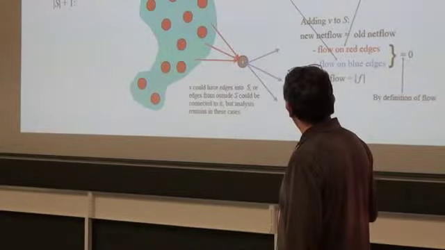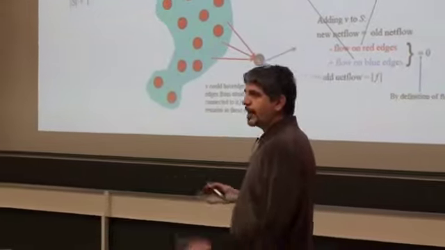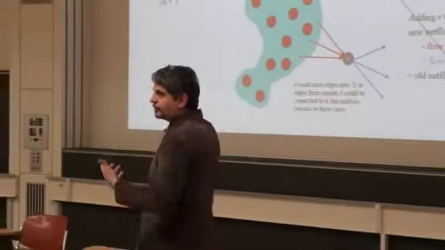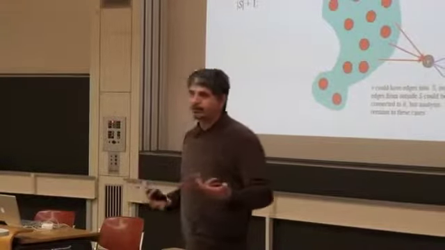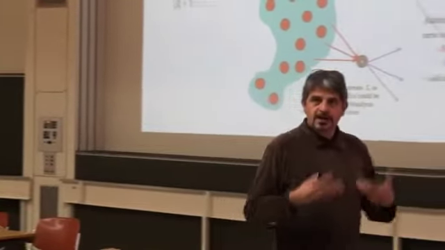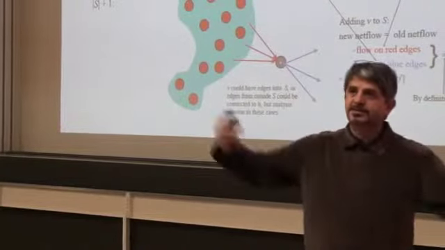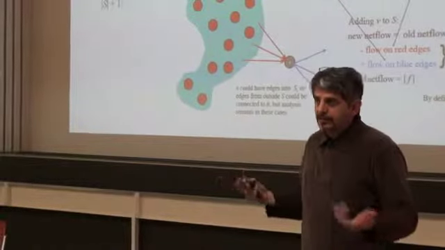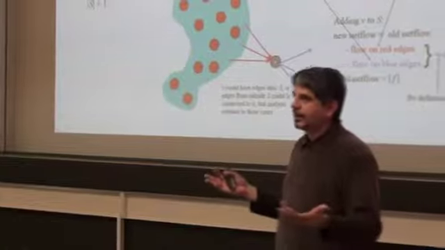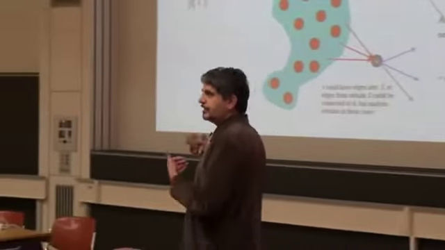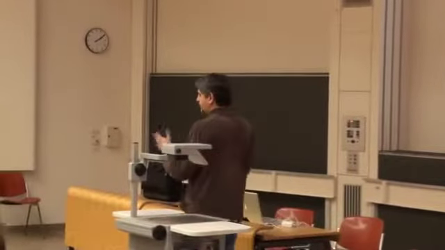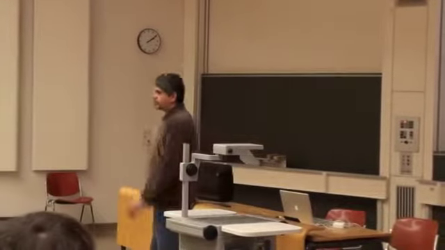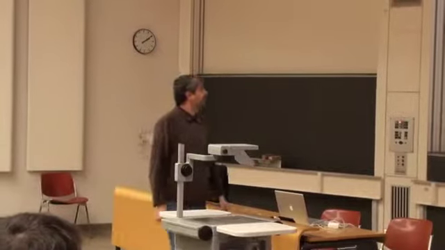But we know that for every internal node in the graph, what is coming in is equal to what is going out. So the value of the new net flow is equal to the value of the old net flow. As you increase your set S, for any size cut, the net flow is equal to the value of the flow. That's not a bad thing.